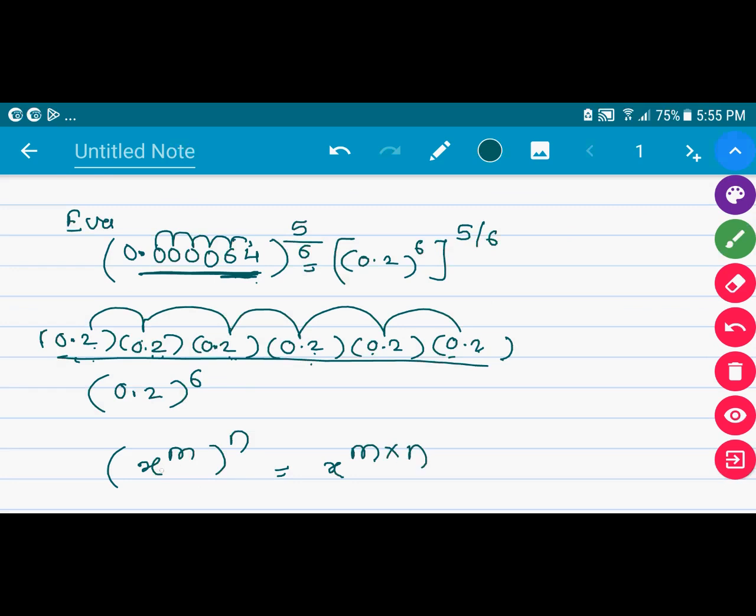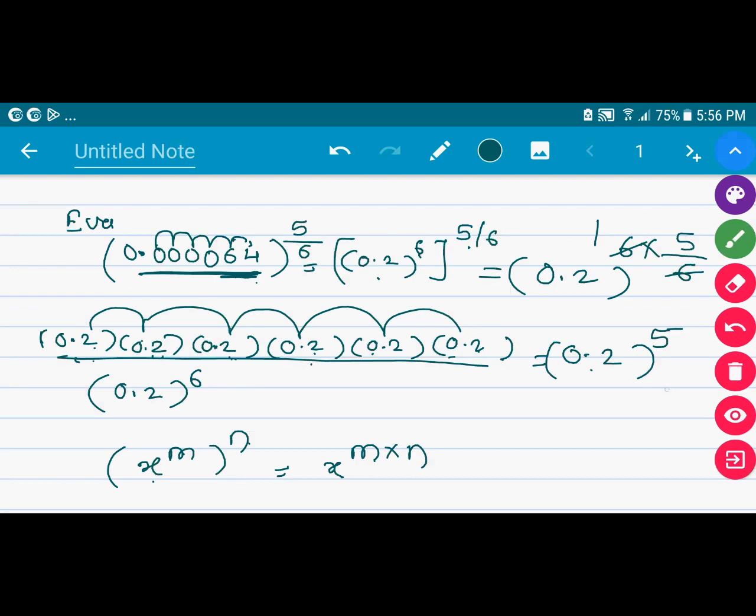Here the same thing applies. Instead of x we have 0.2, instead of m we have 6, and instead of n we have 5 by 6. So our equation becomes 0.2 raised to 6 multiplied by 5 by 6. The 6 and 6 cancel, so our answer is 0.2 raised to 5.